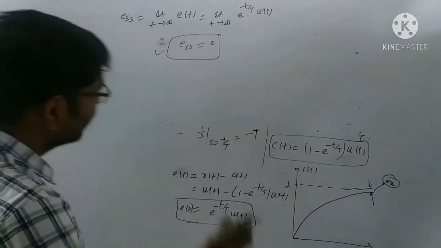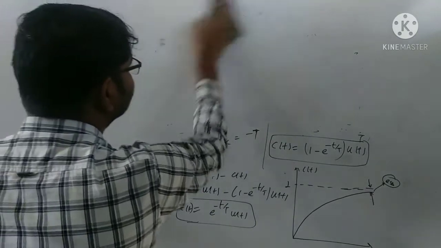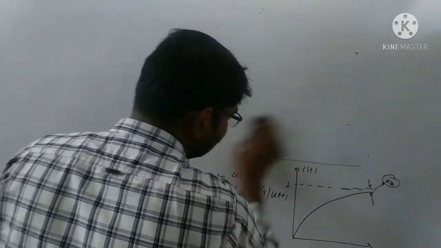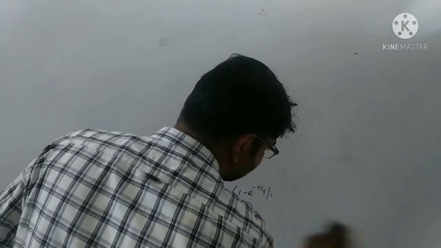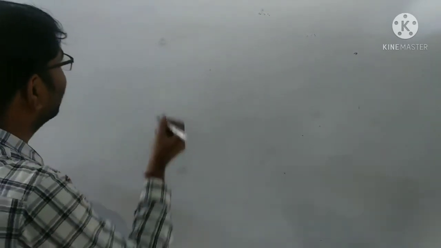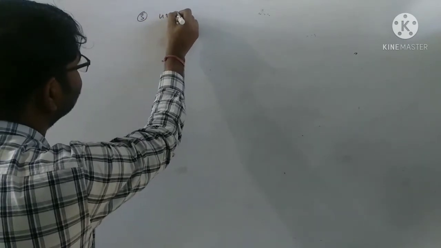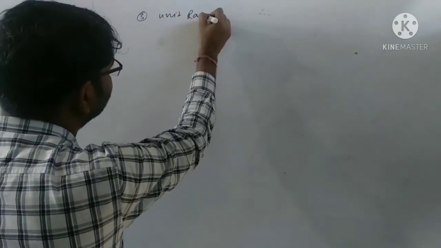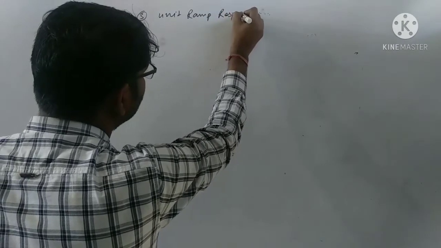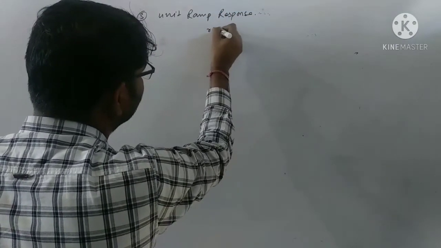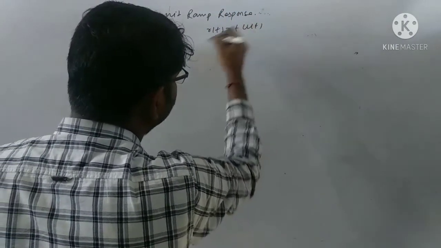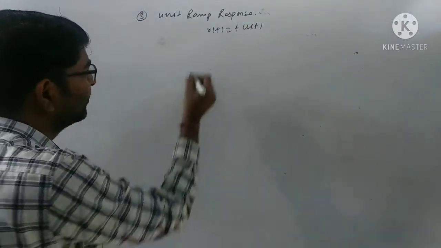Now consider again the first order system, and I'm going to find the unit ramp response. So r(t) is simply t u(t).